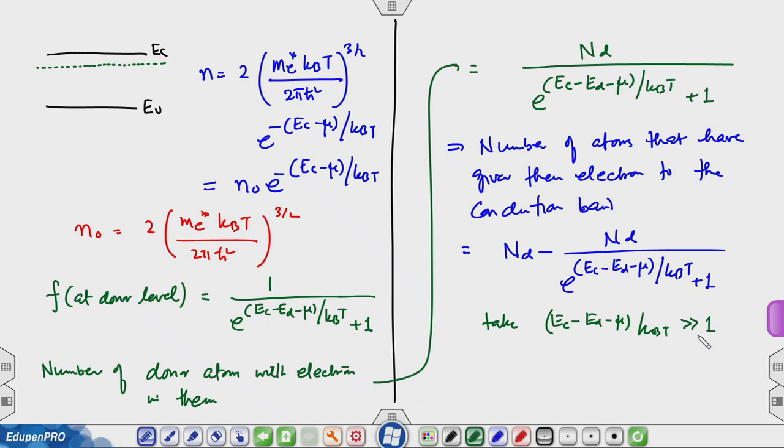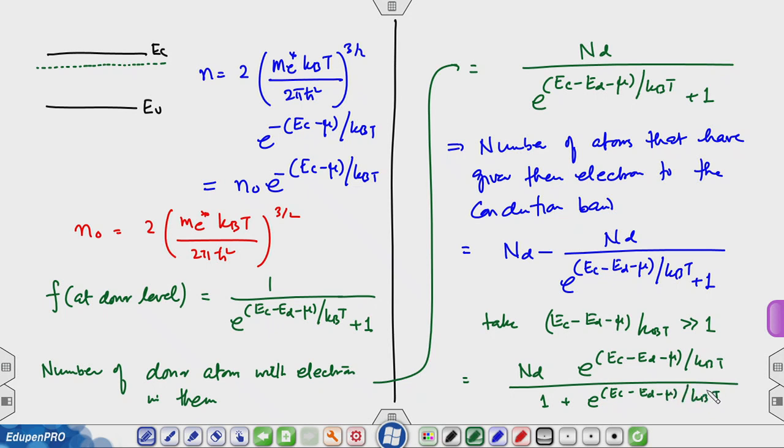Now, the approximation we made earlier, this is going to be equal to N d e raised to E c minus E d minus mu over k b T divided by 1 plus E c minus E d minus mu over k b T. This should have been, so this is not correct, this is the other way.